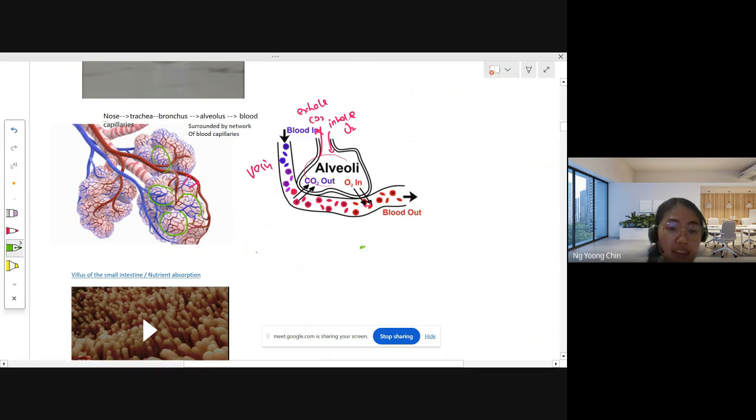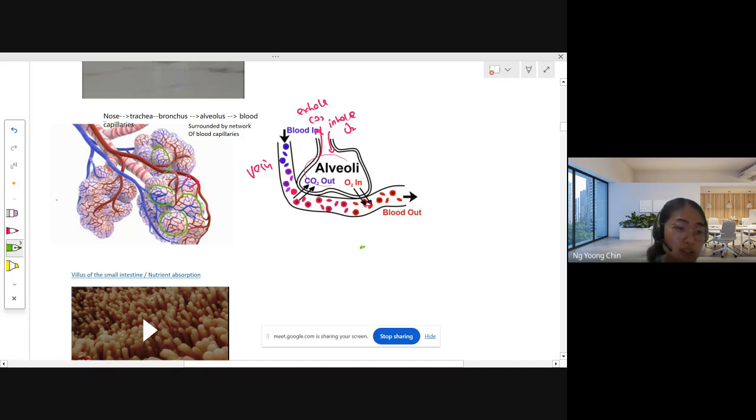See, this is how the alveolus, which is this balloon-like structure, is very closely associated with the blood capillary. You can see the red color artery and also the blue color vein. So when you look inside, it will be something like this. They are actually very closely connected with the blood capillary.